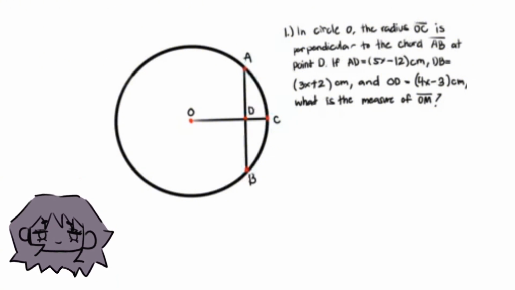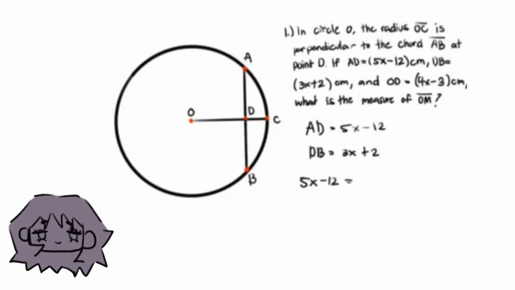So as you can see, we're going to be adding our AD and DB. We should find the x of our AD and DB. So our AD is 5x minus 12, DB is 3x plus 2. So what we're going to do here is find our x by arranging them.